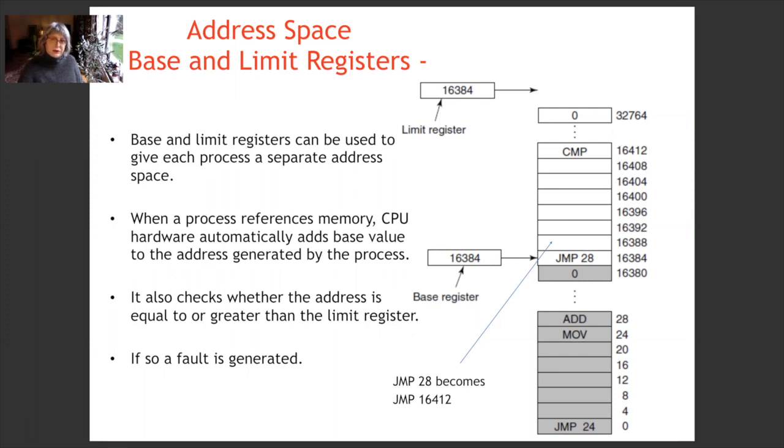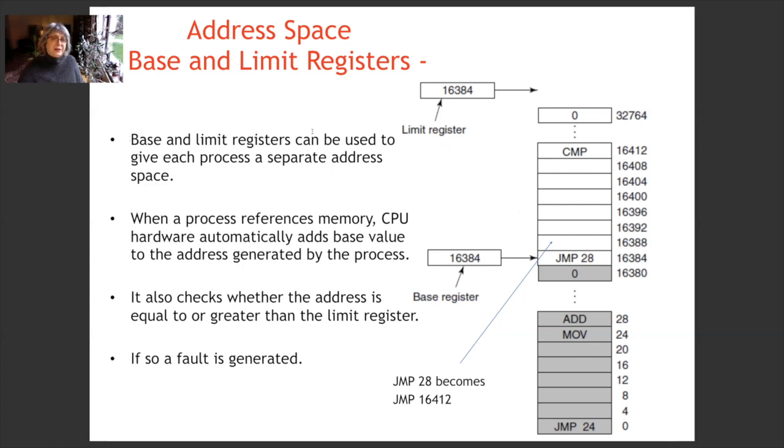For each program, there is a value to be loaded to the base register when that program is executed. The limit register shows the size of the program for this process.